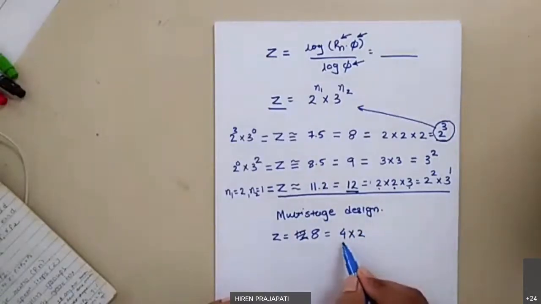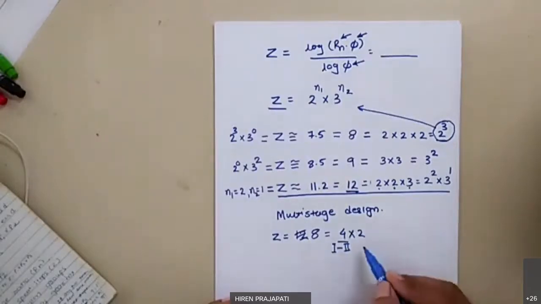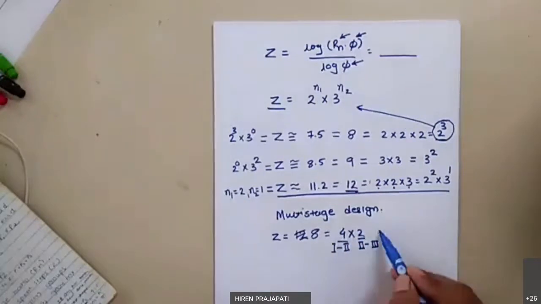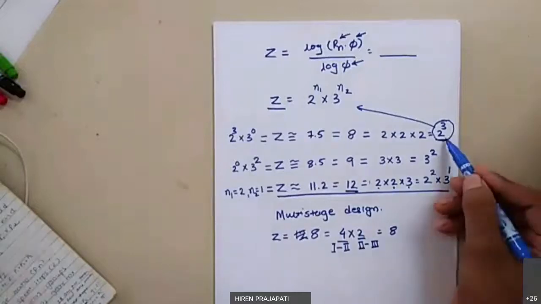In the first stage, between shaft 1 and intermediate shaft 2, we get 4 different speeds. Then between shaft 2 and shaft 3, which is the output shaft connected to the spindle, we get 2 gear pairs. In this way we get a total of 8 speeds. Clear?